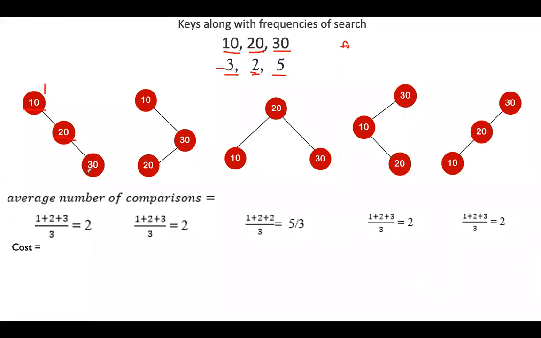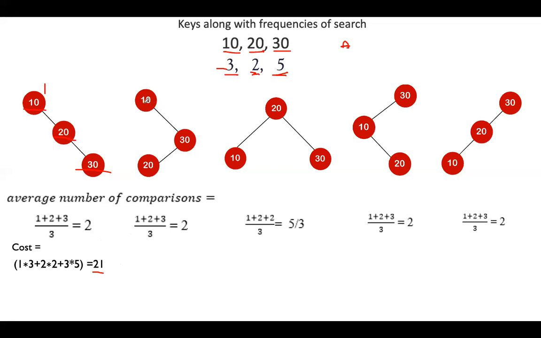So 2 into 2. 30 is compared 3 times in this tree. And the frequency is 5. So cost will be 1 into 3, 2 into 2 plus 3 into 5. Cost will be 21. Okay, in the first tree, cost will be 21. If you organize the tree like this, for this frequency and key values, its cost is 21.